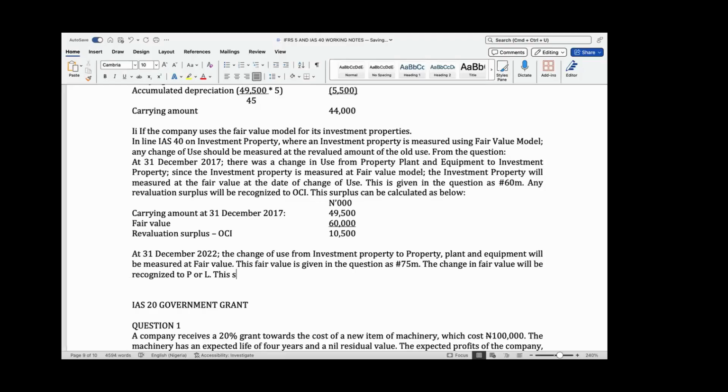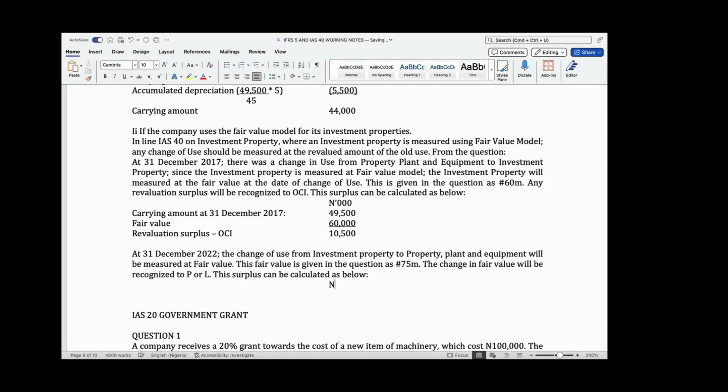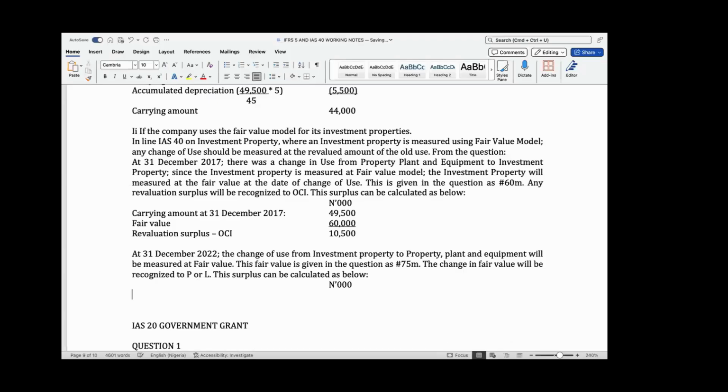So this surplus can be calculated as below. What was the fair value when it was investment property at 31st December 2017? It was 60 million.